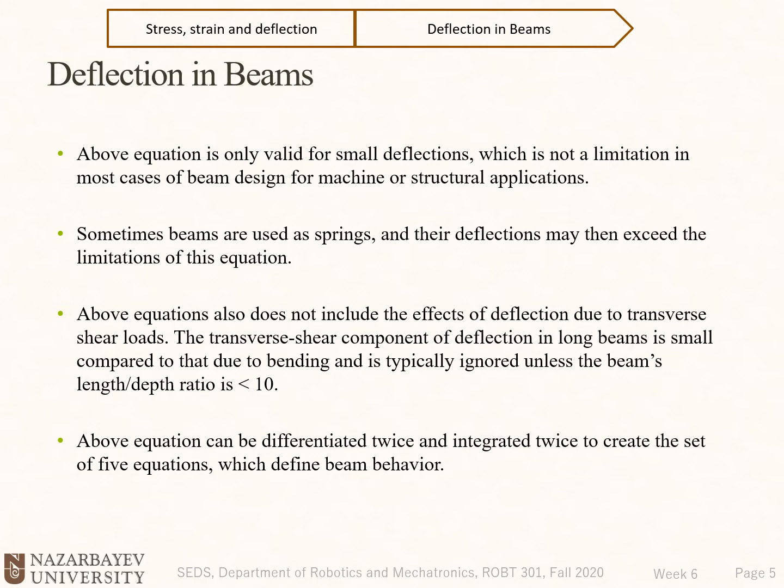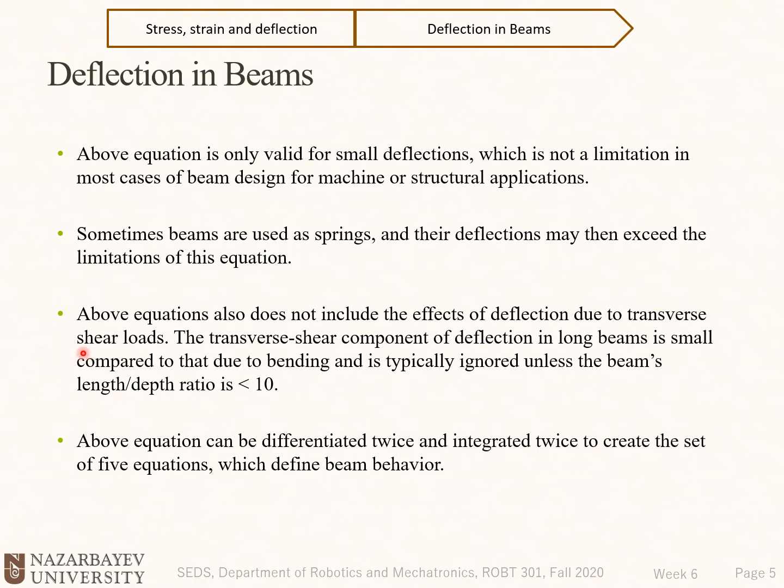The above equation is only valid for small deflections, which is not a limitation in most cases of beam design for machine or structural applications. Sometimes beams are used as springs, and their deflections may then exceed the limitations of this equation. The above equation also does not include the effects of deflection due to transverse shear loads.